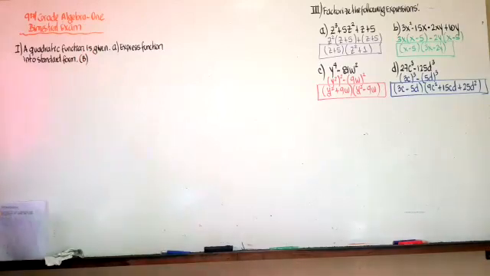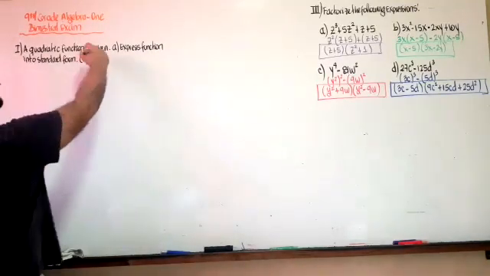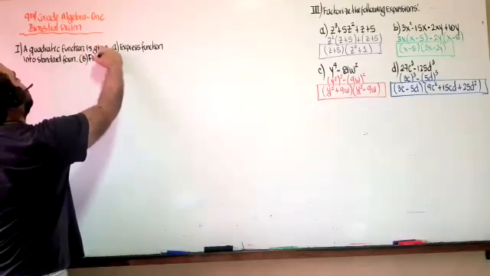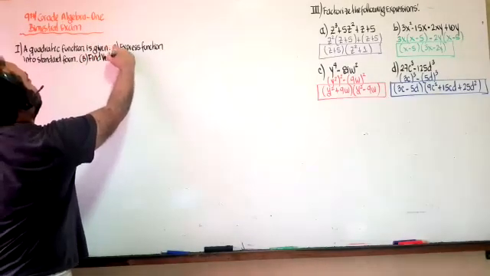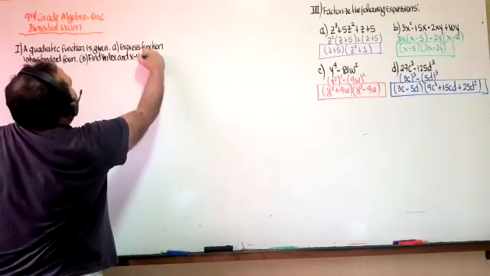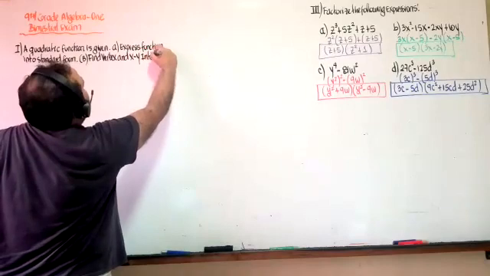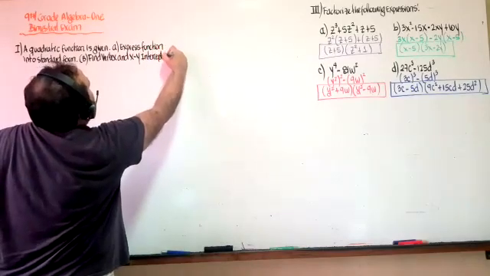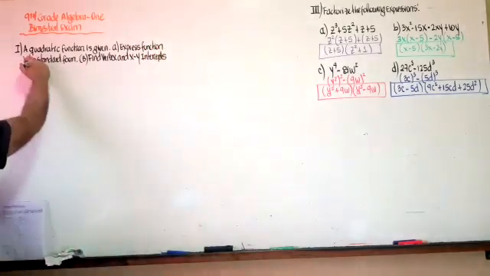Letter B: find the vertex and the x and y intercepts.